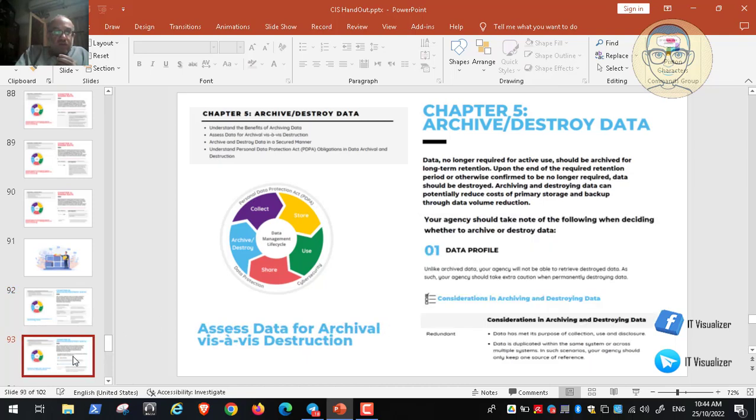Let's go further. The next thing is we need to assess data for archive or, vice versa, destruction. So we need to assess the data, or another word for assessing, to evaluate the data, if it is needed for archival or for destruction.